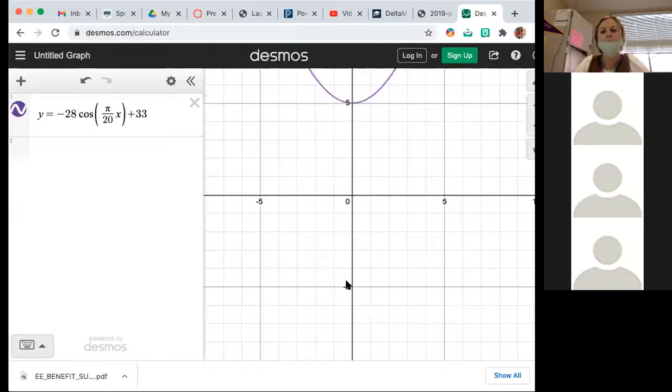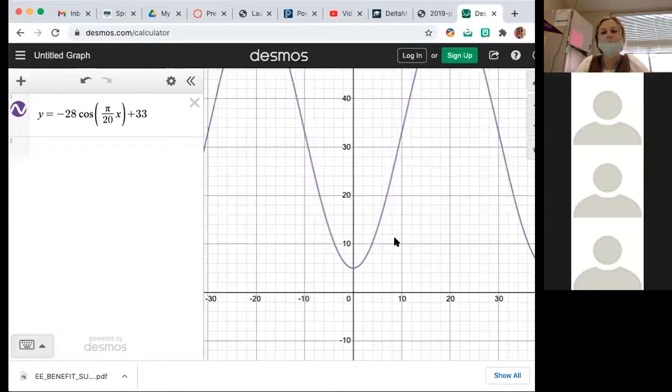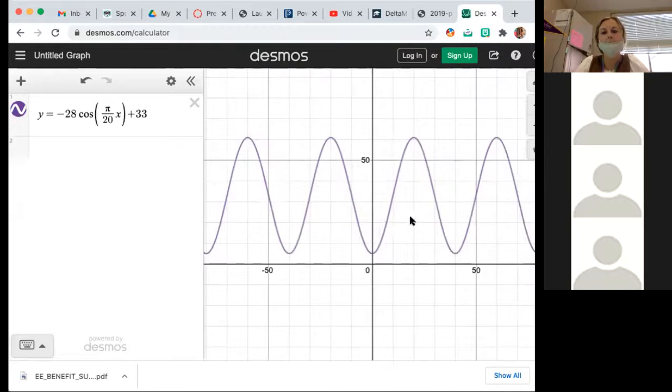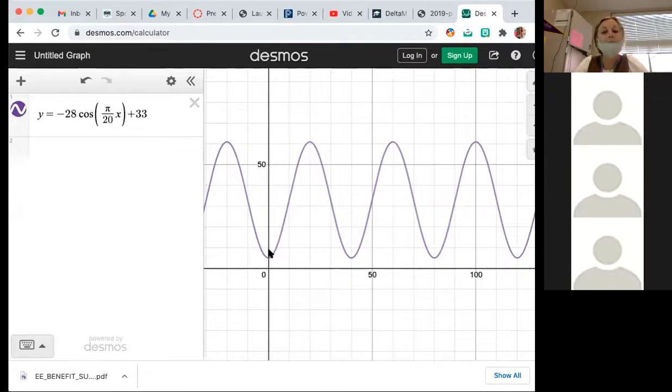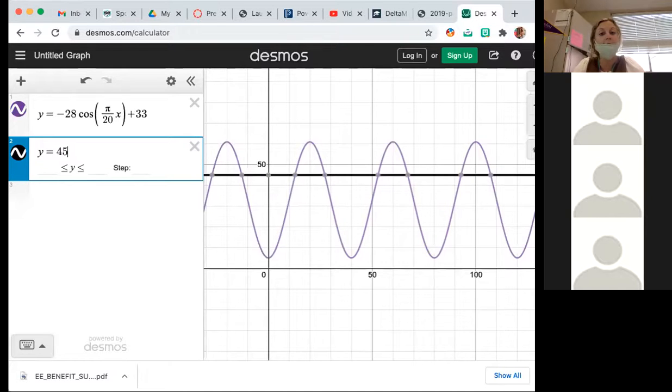And I'm going to zoom out because it's a Ferris wheel, so it should go really high up and down. There we go. And I'm trying to find for 3 full rotations. So it's going to go up, down, up, down, 3 times, right? So I'm looking at these 3. When will it be above 45?